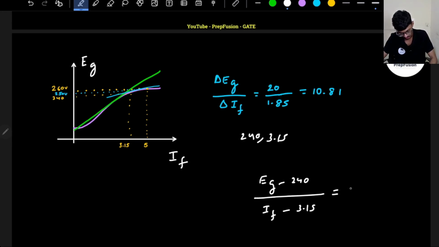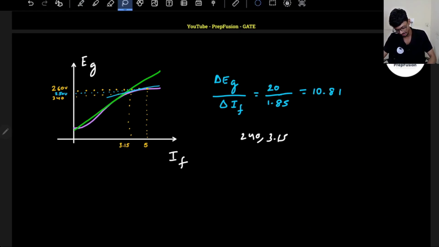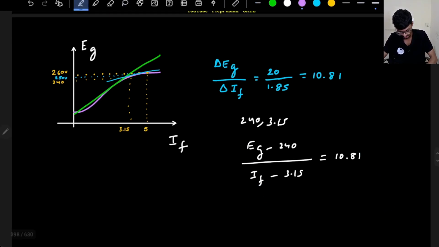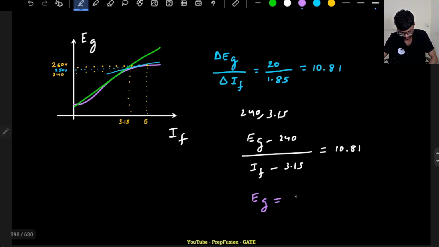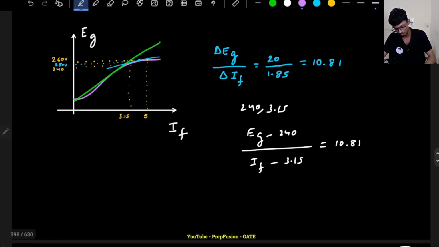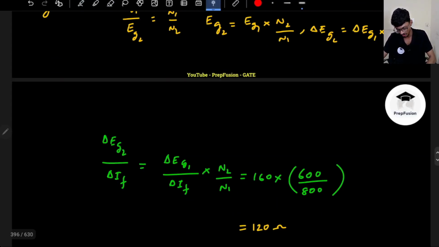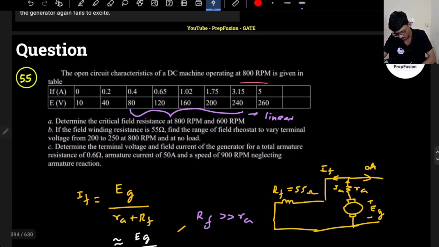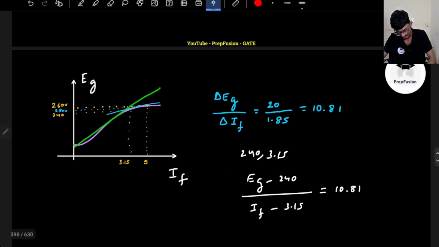So from here I can write down the expression of Eg. Ultimately, what they told me is they want to vary from 200 volts to 250 volts. So I will replace Eg here with 250 volts.